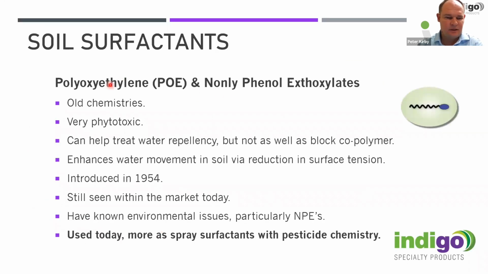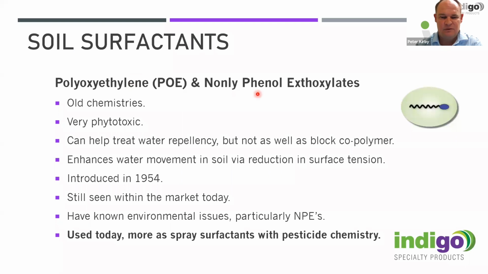Okay, the second older chemistry group is the POE, so polyoxyethylene and nonylphenol ethoxylates. They can be very phytotoxic to the plant if left on the leaf, particularly this POE group. Very strong at reducing surface tension and getting water through thatch, but once it hits the soil, this group doesn't overcome hydrophobicity that well.